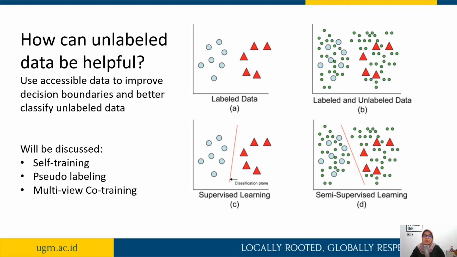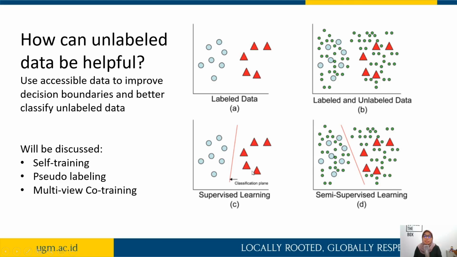So how can unlabeled data be helpful here? The concept is that we can use accessible data to improve decision boundaries and better classify unlabeled data. These 4 graphs on the right of this presentation show, in this one, the labeled data, and in this one, the labeled and unlabeled data.